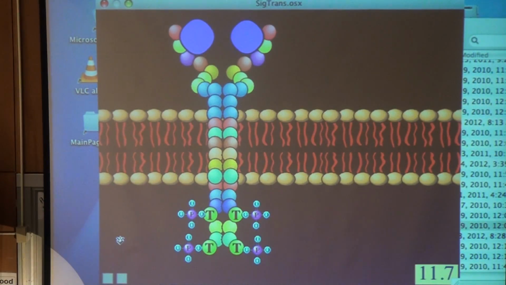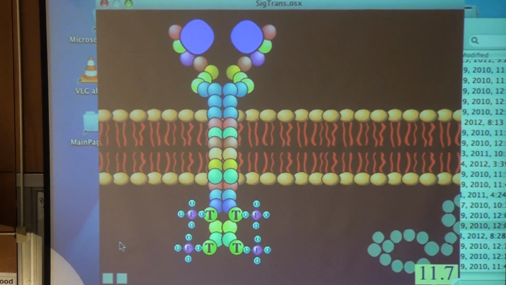Here we go. And remember that after the receptor, the next step is to activate relay protein number 1, the first relay protein. And these phosphorylated tyrosines are the activators of the first relay protein.